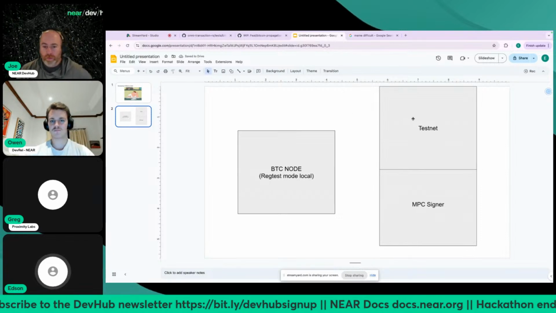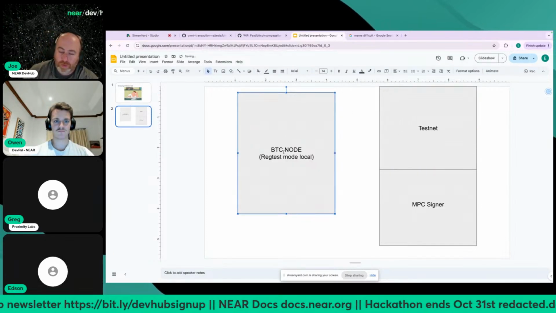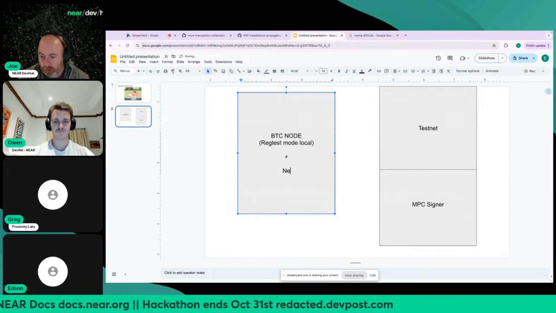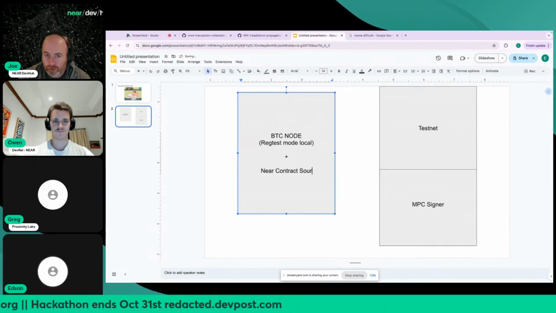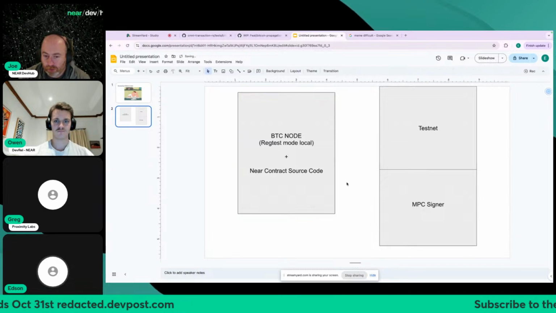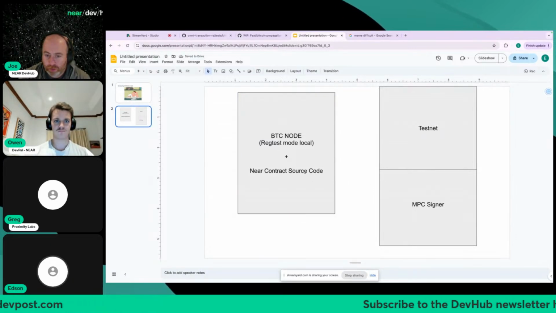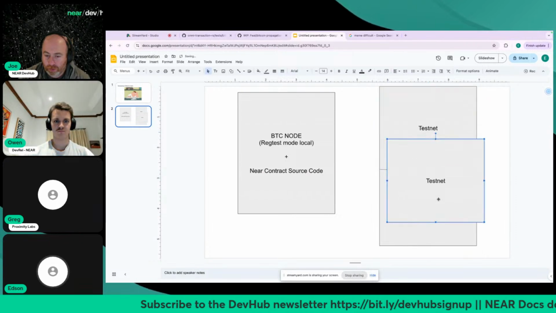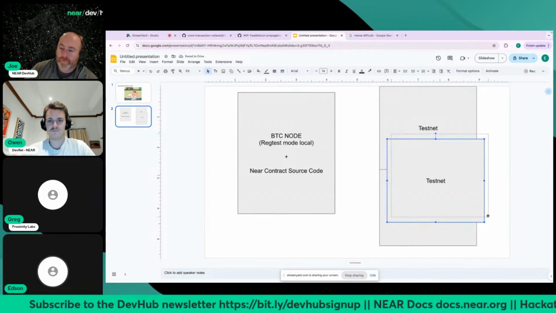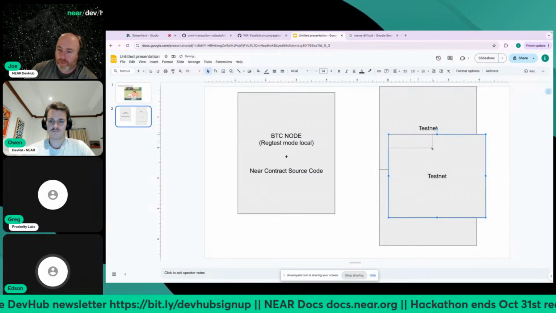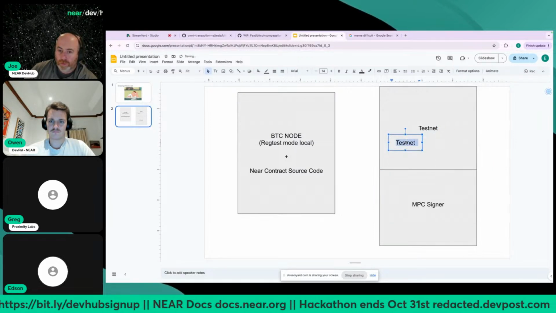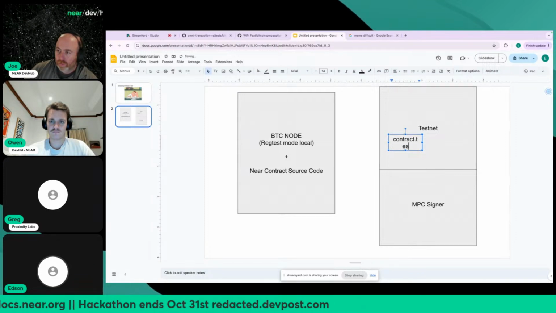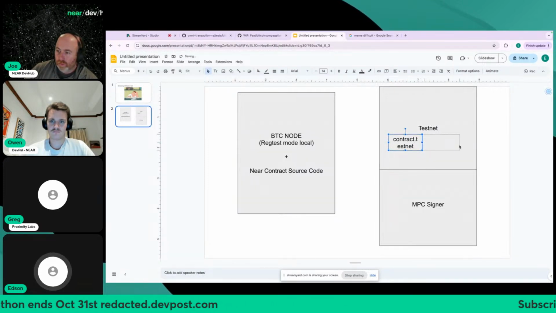Here you are in your local environment, and you have the BTC node plus the NEAR contract source code that you are developing. But in the integration test, I deploy the NEAR contract to testnet. And of course, when you deploy to testnet, the NEAR contract is going to be there, let's say contract.testnet.